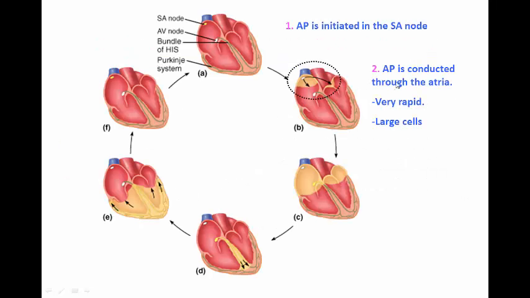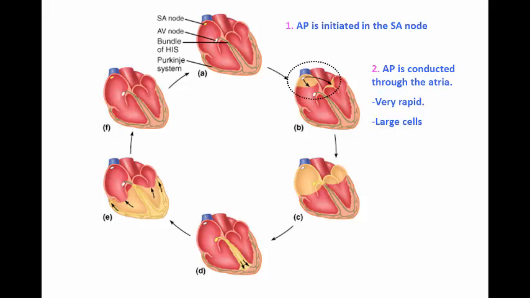The action potential is conducted through the atria, and this conduction is rapid in the atria because the atrial myocytes are large cells. And when the action potential is conducted through the atria, it results in excitation of the atrial myocytes.